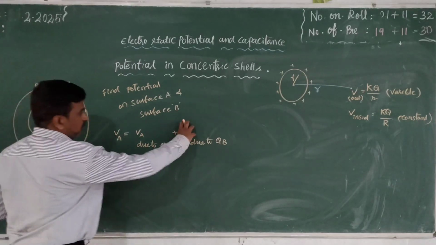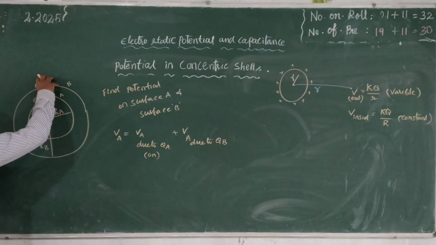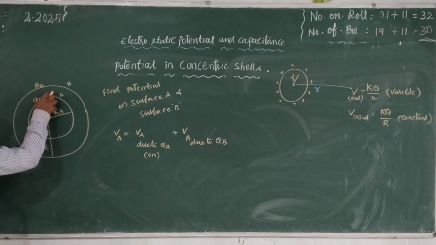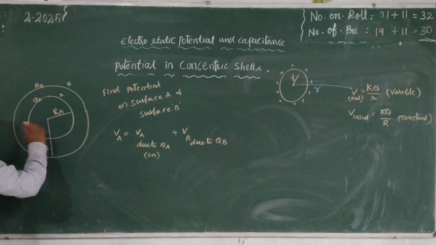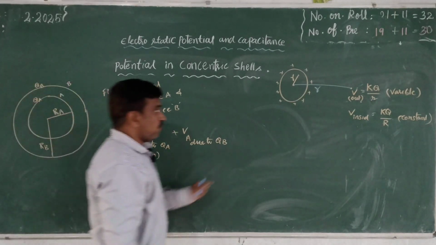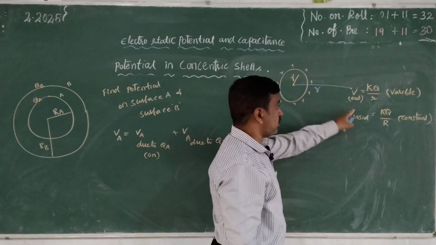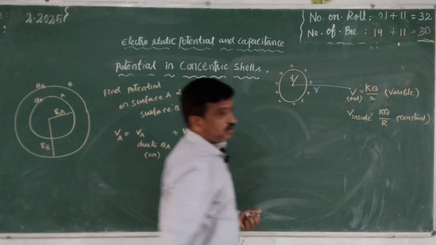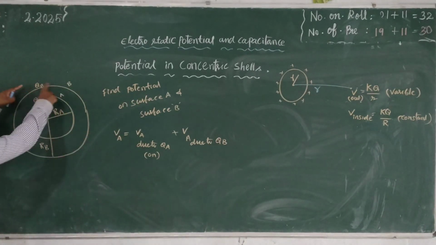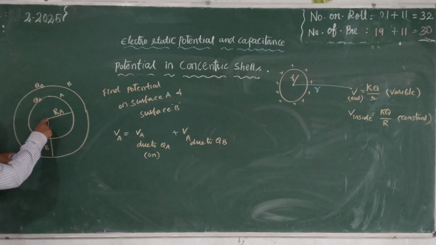For this one, due to Qb, it is an inside point. So what is the potential? From center to surface, for an inside point, the potential is kQ by capital R, constant. So for this sphere, surface A is an inside point.